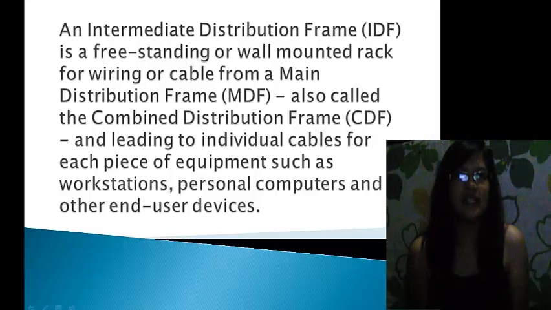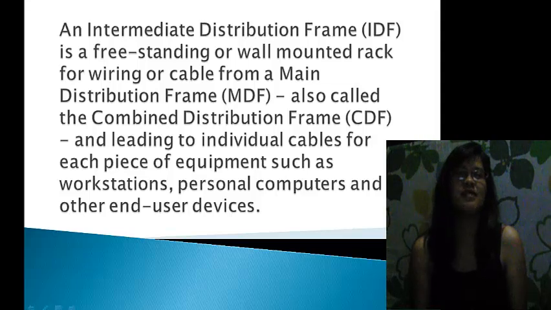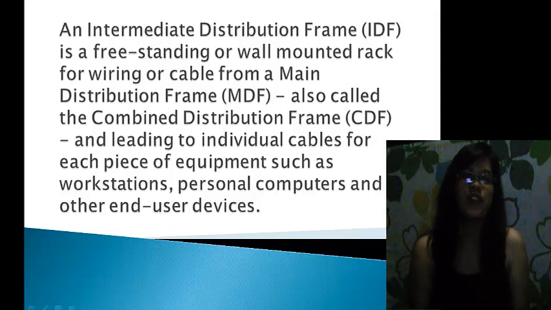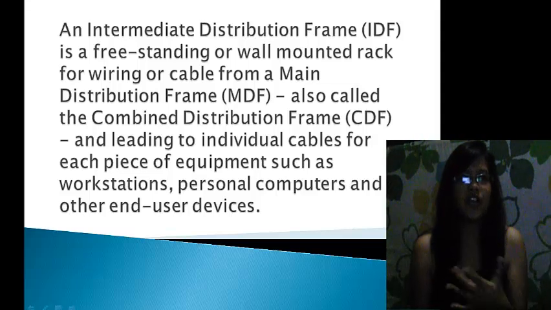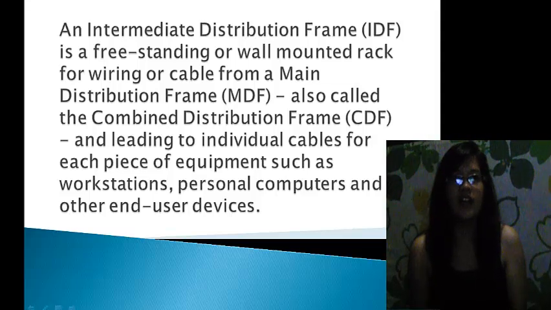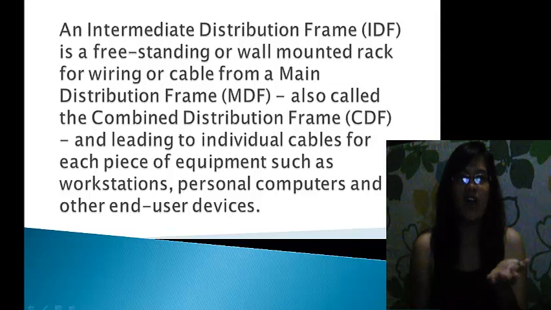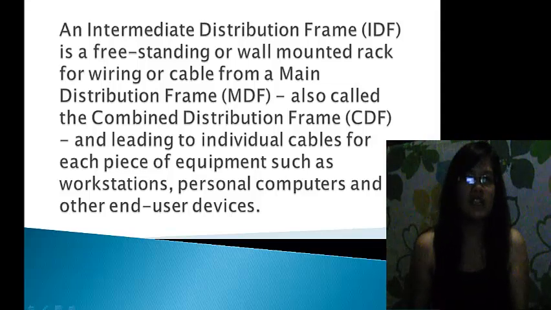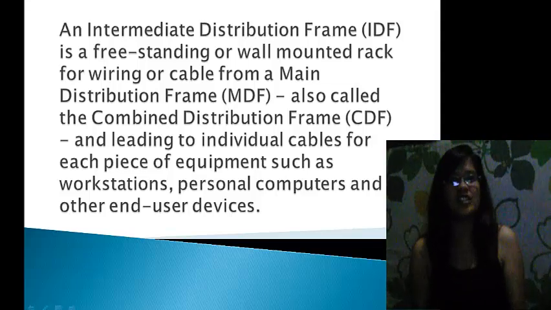Cables entering a building run through a centralized MDF, then to each individual IDF, and then onto specific workstations. IDFs are used for wide area network, or WAN, local area network, or LAN, customers or end users, buildings, and telephone exchanges and central offices.